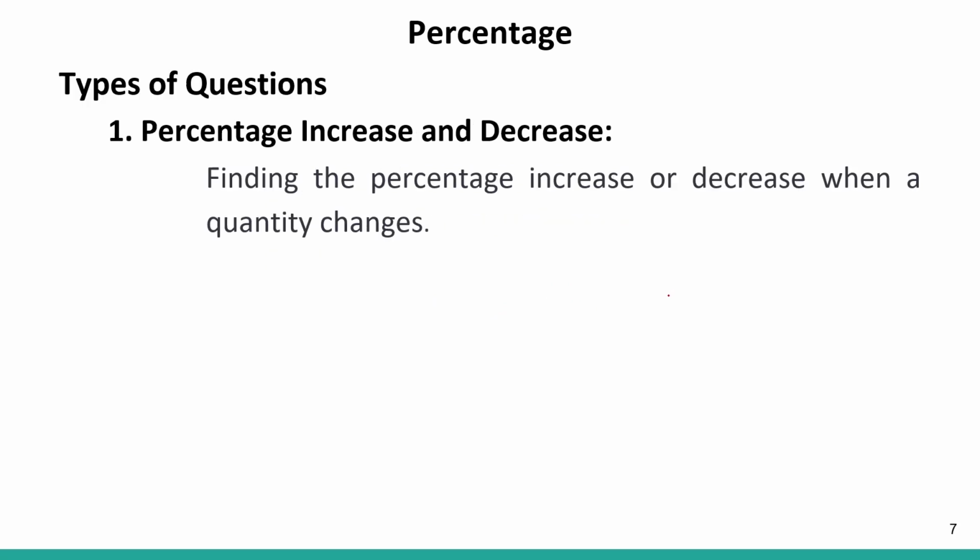So the type of questions: percentage increase and decrease. This means finding the percentage increase or decrease when a quantity changes. You are given a quantity and the quantity is changed now. Let's take that pizza example again. You had a pizza, you divided it into 4 equal parts. Initially you only had one piece, but after some time you got another piece.